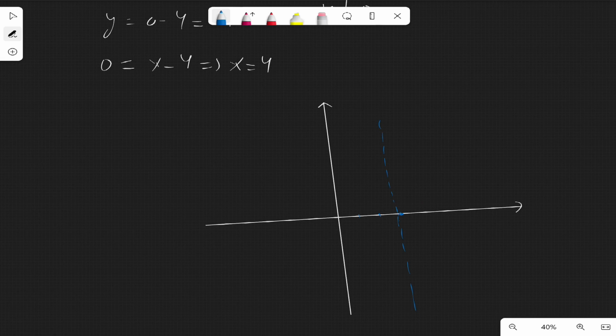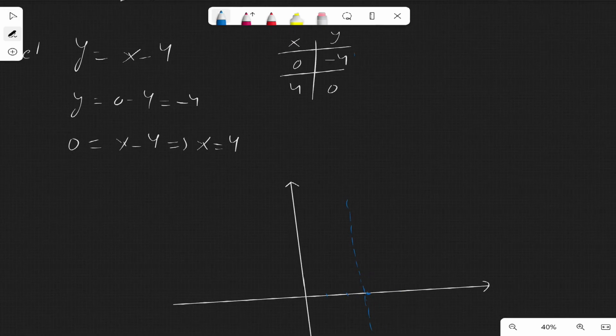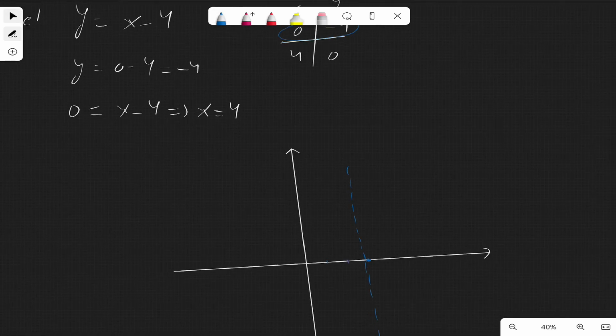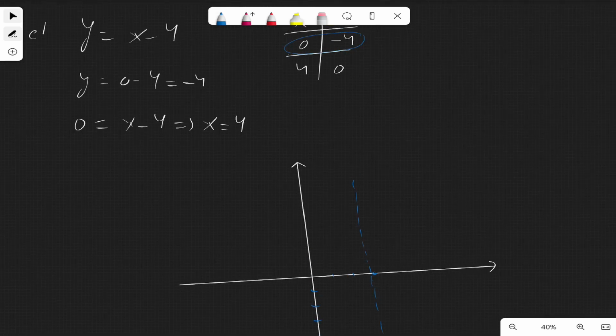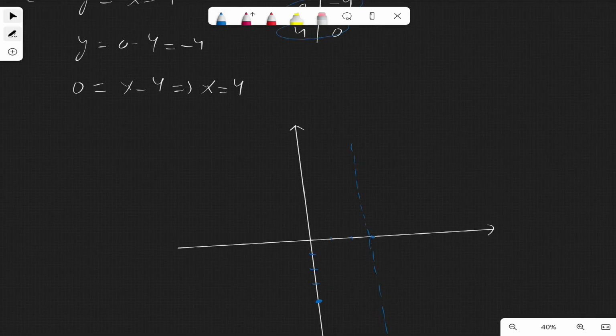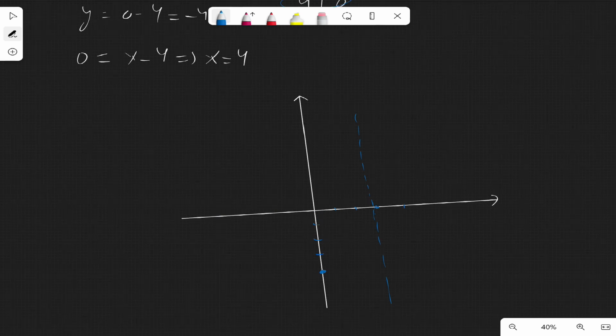The oblique asymptote: we plot the point 0, negative 4, and the point 4, 0 is here. This is the oblique asymptote.